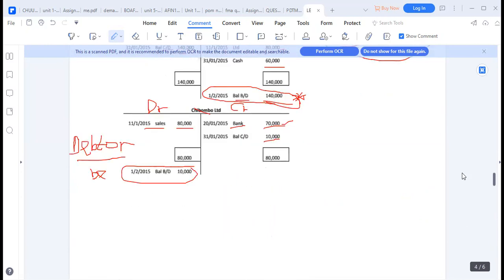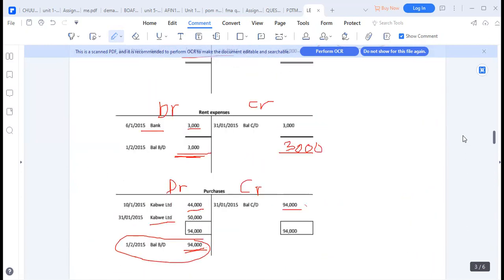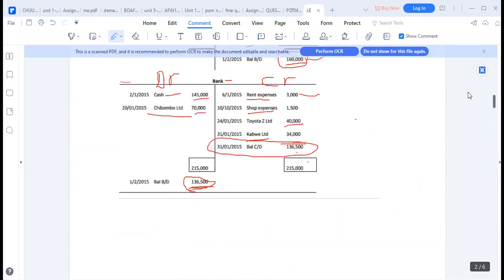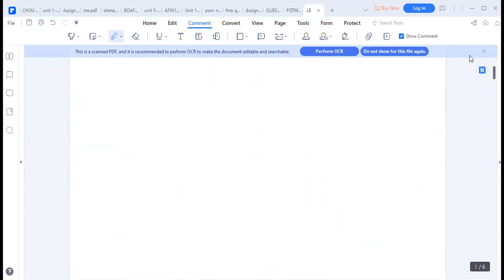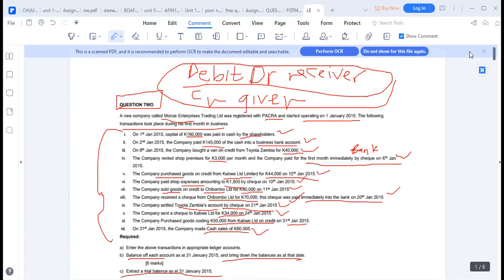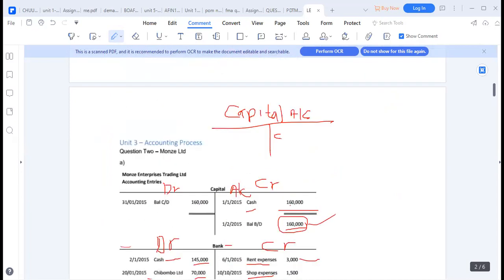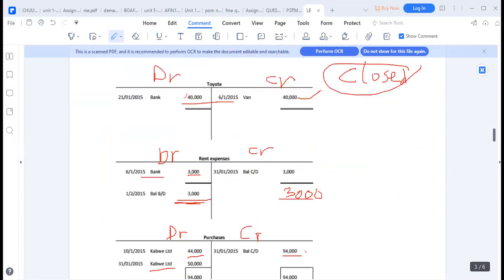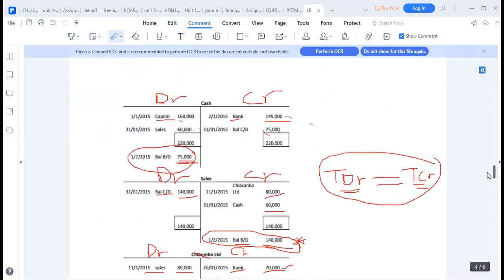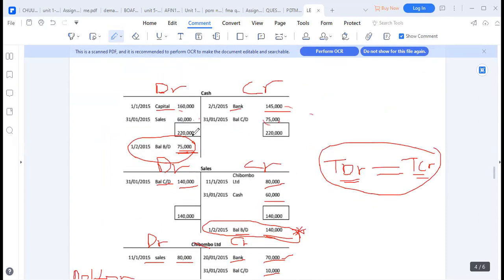So it's just a matter of understanding that capital and all liabilities have a credit balance, because the capital you pump in as cash was paid in cash by the shareholders. So you paid that capital into the cash account. So the cash was on the receiving side, and capital was on the giving side. This is why the cash account had that debit balance.